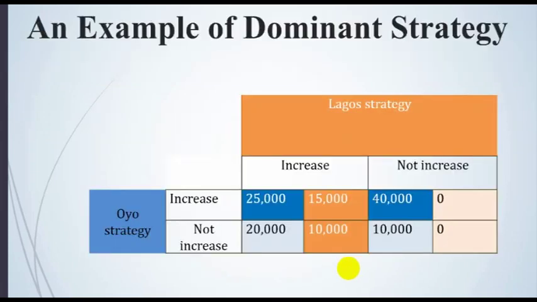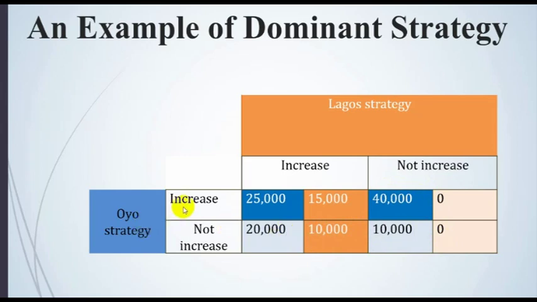Lagos strategy. Oyo strategy. Lagos strategy: increase 25,000, 15,000, 20,000, 10,000. Not increase 40,000, 10,000, 0, 0.